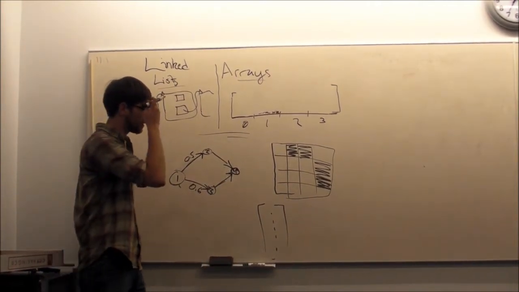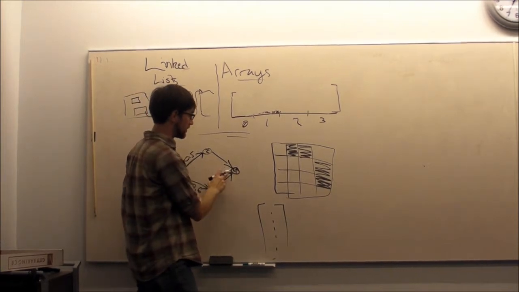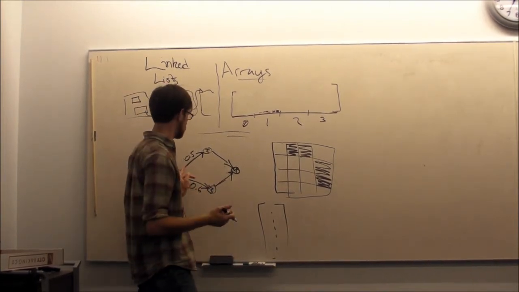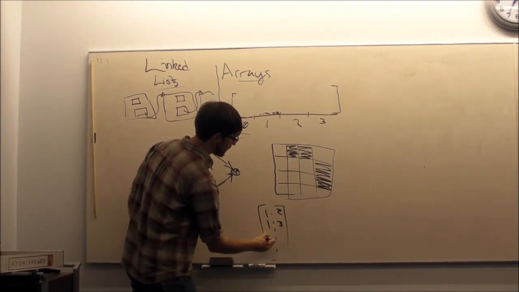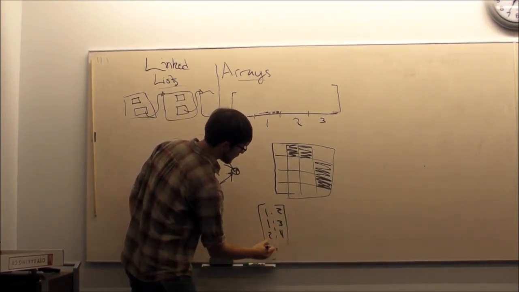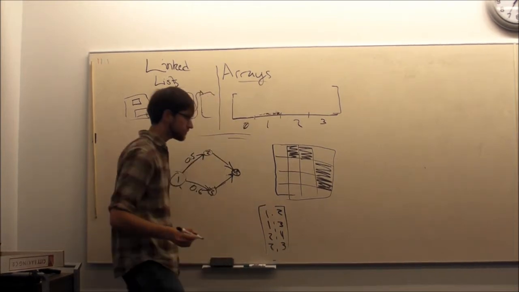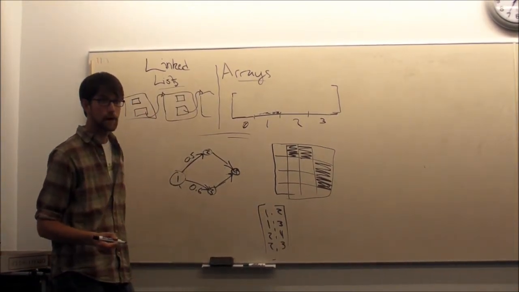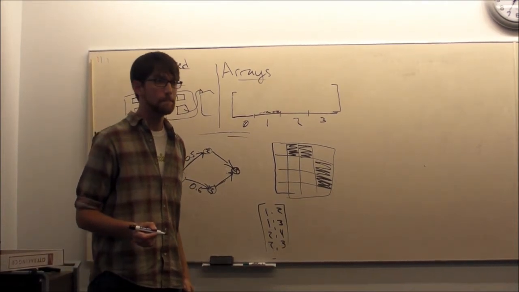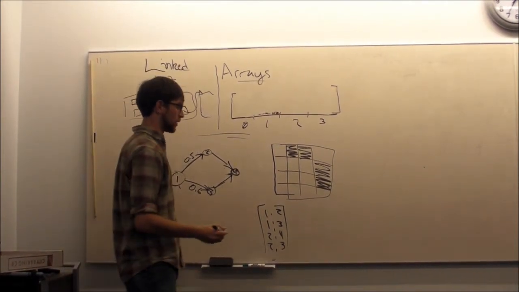One of the other ones that Francisco was talking about is just a list saying what the connections are. So we have a list: a connection from 1 to 2, a connection from 1 to 3, a connection from 2 to 4, and a connection from 2 to 3. Is each of those a list? Each of these is just 2 points.